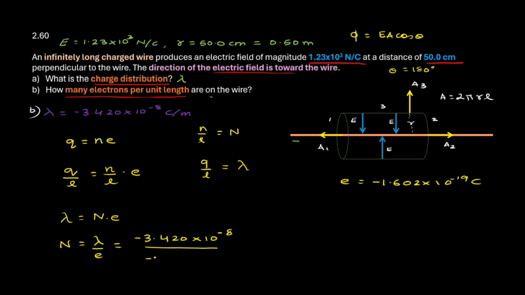Substitute that here, minus 1.602 times 10 to the power negative 19. And when you solve this, you get the number of electrons to be equal to 2.135 times 10 to the power 11, which you can round off to 2.14 times 10 to the power 11 electrons.